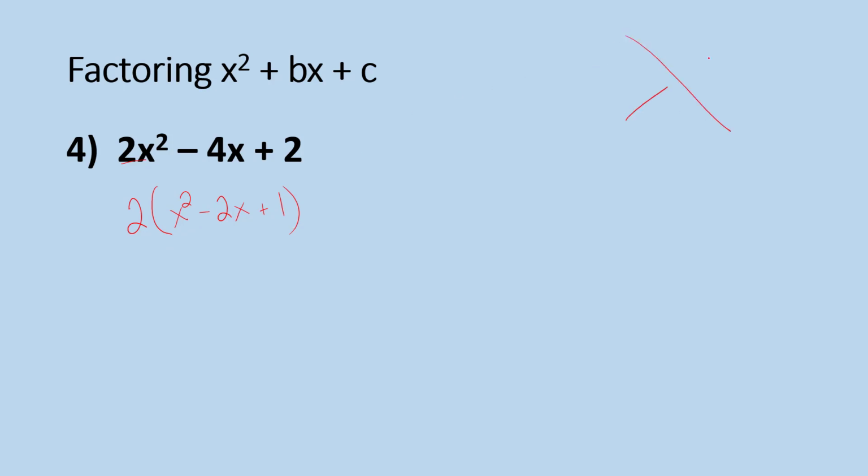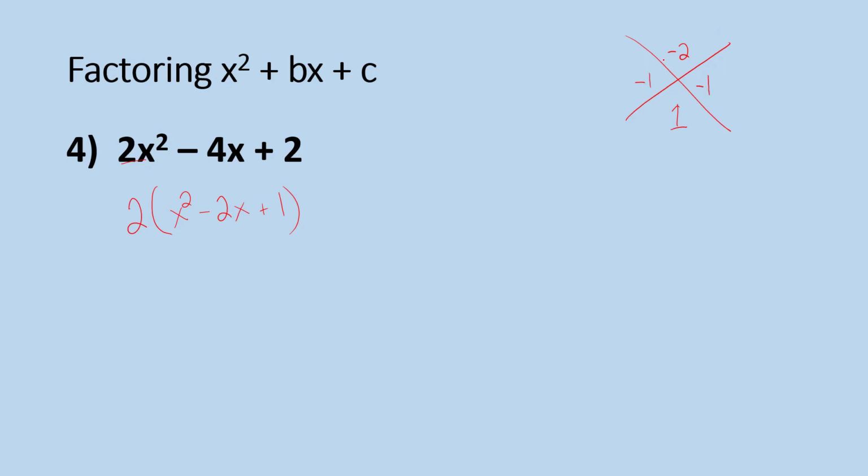Let's see if we can clean up that simplified trinomial by factoring. We want two numbers that add to negative 2, but multiply to give us 1. If they're going to add to a negative term, that's going to have to be negative values. And both of them will have to be negative numbers if we're going to end up multiplying to a positive 1. So the only numbers I can think of are negative 1 and negative 1.